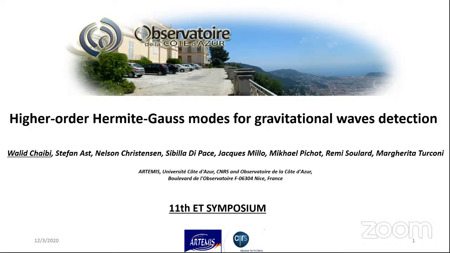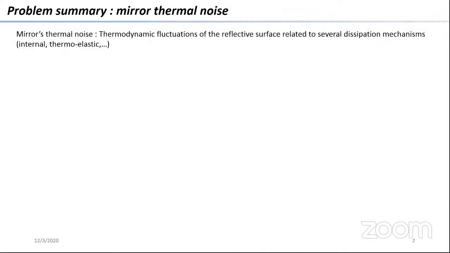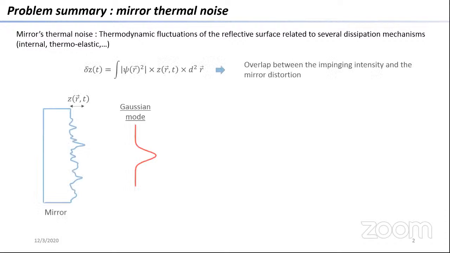So I'm going to talk about higher order Hermite-Gauss modes and the possibility to use them in gravitational wave detection. We have been conducting this work for several years now. So let me recall the problem of mirror thermal noise. Mirror thermal noise is the distortion of the reflective surface of a mirror due to its non-zero temperature.